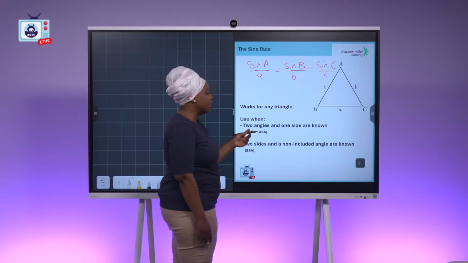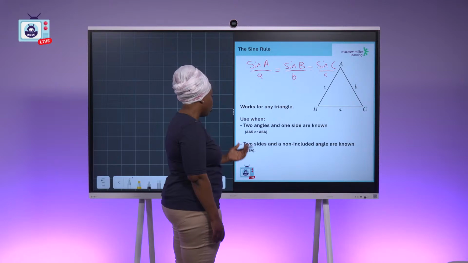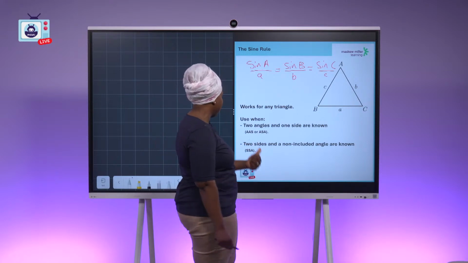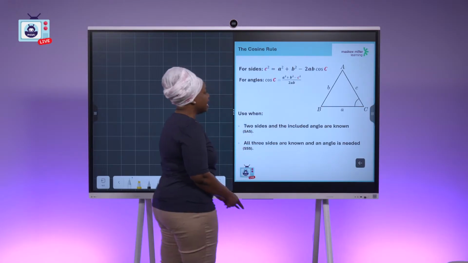You can use it if you have two angles and one side, and also if you have two sides and one angle, which is either included or not. Please take note of that as well.